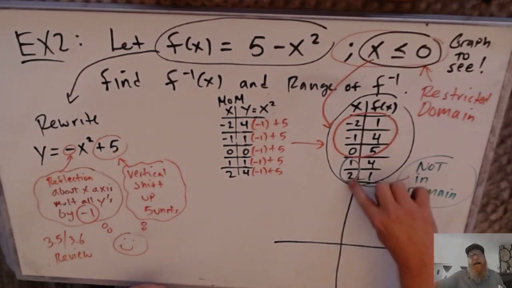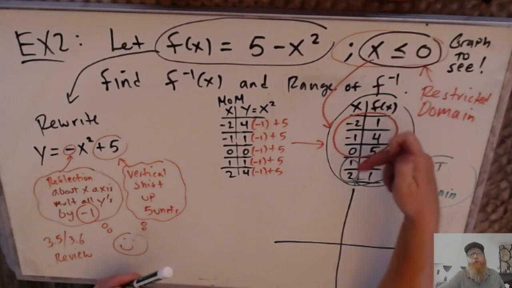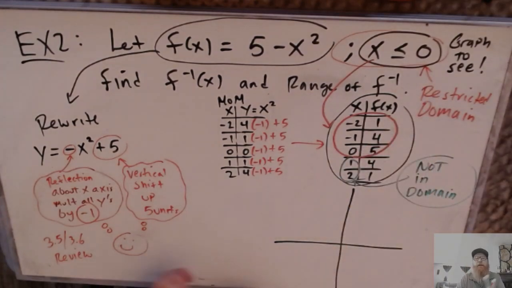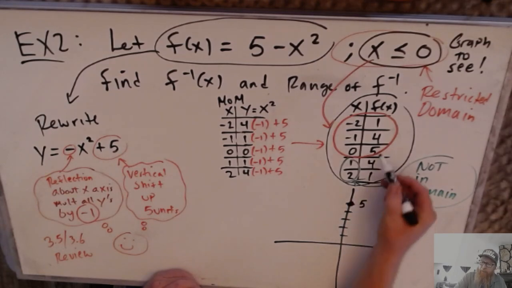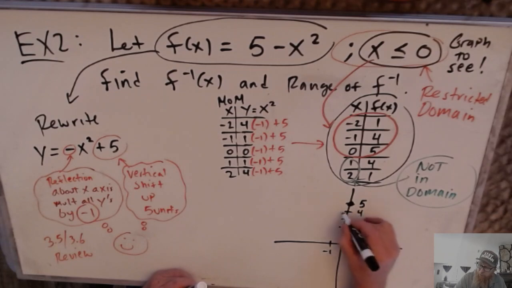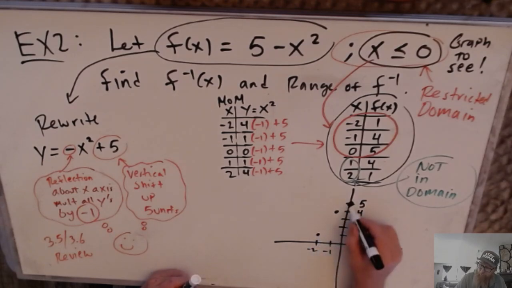Yeah, because these x values are not less than or equal to 0. So keep all of the x's that are less than or equal to 0. So you've got (0, 5), (-1, 4), and (-2, 1).